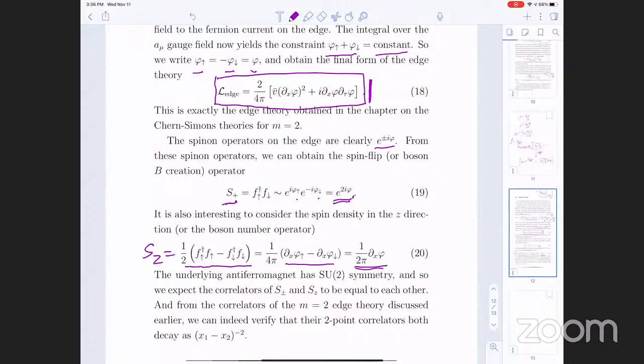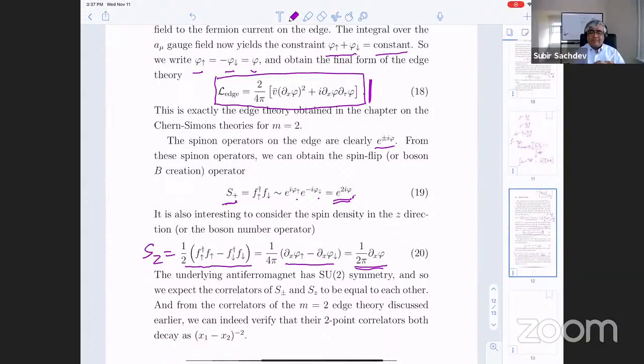Is this related to the level rank duality? Level rank duality. No, I don't think so. This is just if you take the C equals 1 theory at certain points, at certain radii of the C equals 1 theory, there are extra symmetries.